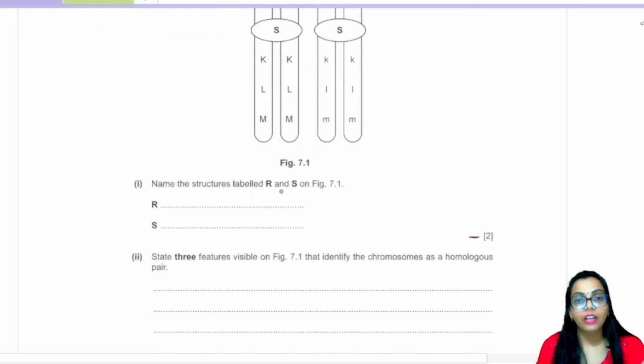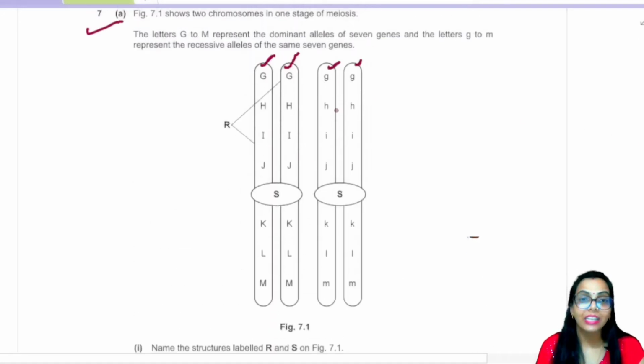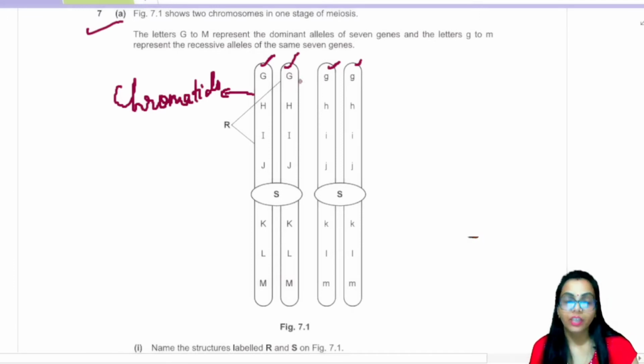Name the structure labelled R and S. If you have studied, you will easily label this, because these are the chromatids. But if it is asked, here it is asked of the same chromosome, then they will be the sister chromatids.